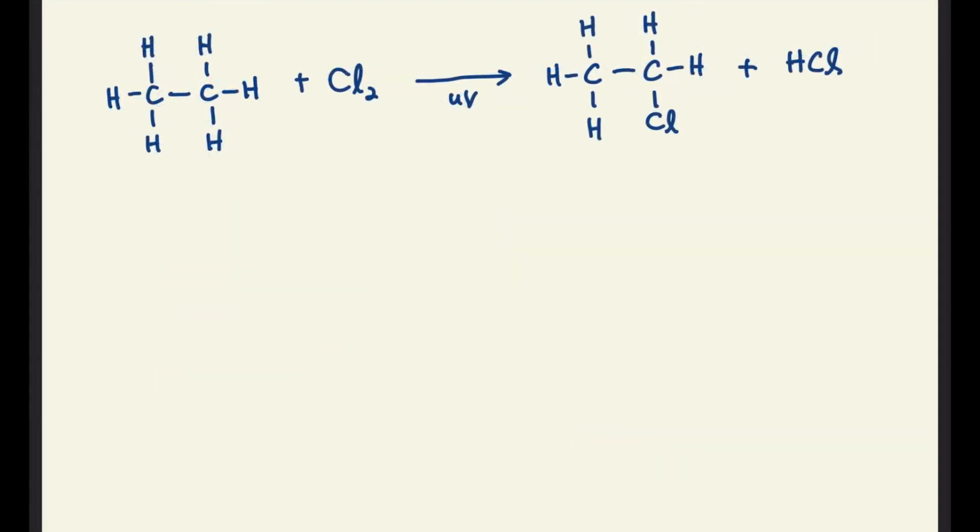Now, let's move on to the last example. As we can see, here our starting material is an alkane, and the product is a haloalkane. Alkane is relatively unreactive.